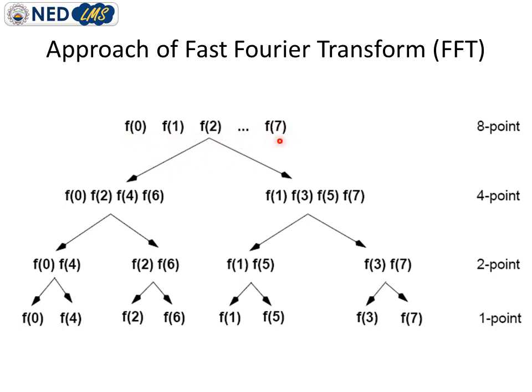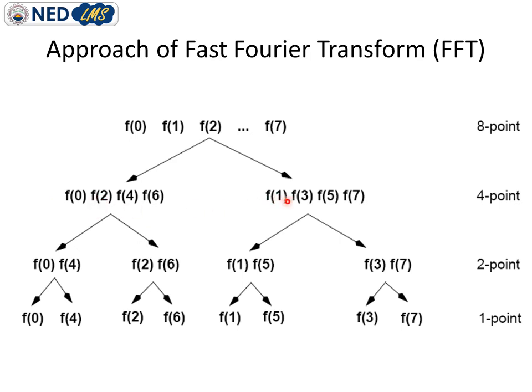You can imagine it is directly related to n square. So the total number of computations will be 64. But if you divide this sample set into two sets of equal number, which is 4 and 4, you can see that 4 square is 16, again 4 square is 16, so 16 plus 16 is 32.